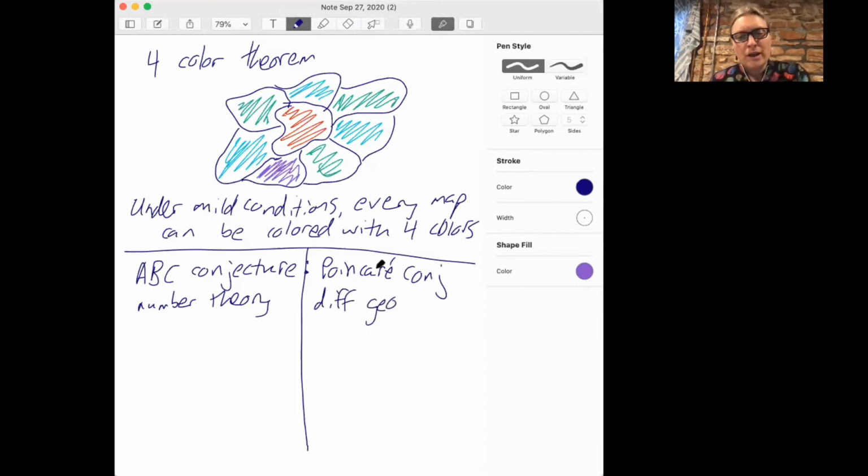The Poincaré conjecture, I forget when this was, maybe a little longer than 15 years ago, like 25 years ago. Somebody came out of the blue and said, I've proved the Poincaré conjecture. This person was not working at any university.